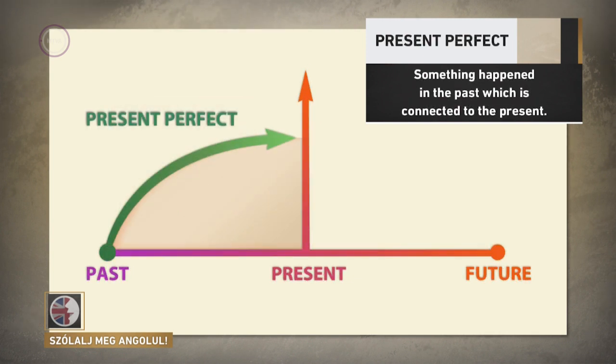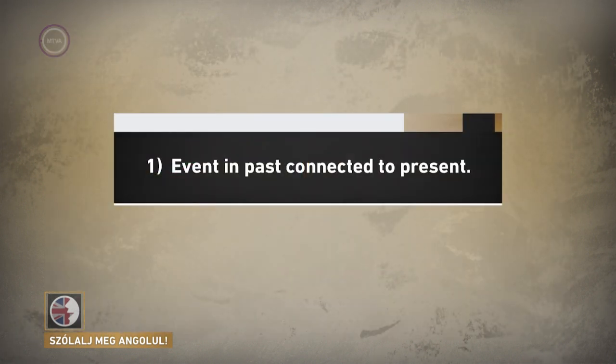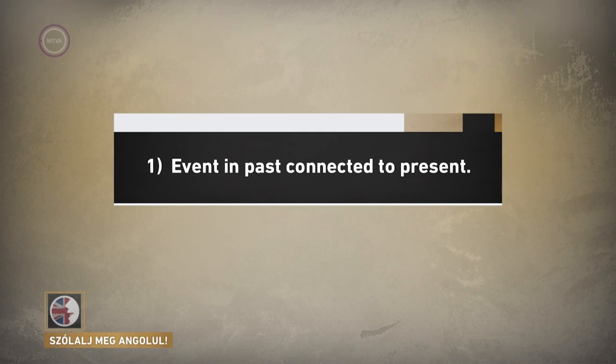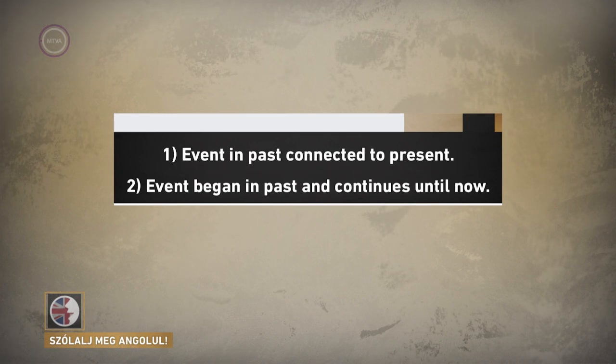So, let's think about when we use it. Well, we know that this tense, the present perfect, connects the past and the present, so we use it in situations when something happened in the past which is connected to the present. Number 1, event in past connected to present. We also use it to talk about something which began in the past and continues to the time of speaking. Number 2, event began in past and continues until now.